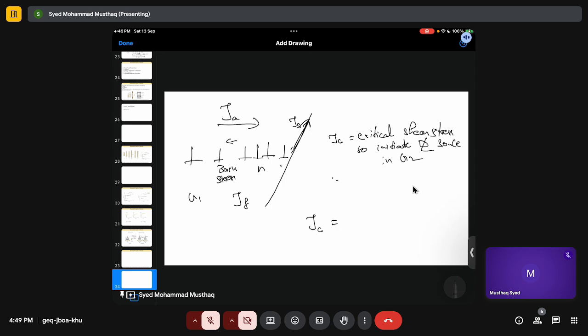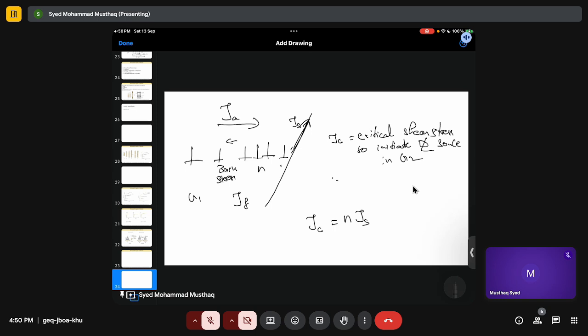It will be equal to n times the resolved shear stress. If you have one dislocation, then the critical stress will be equal to the resolved shear stress that is applied. If there are n, then n times that.